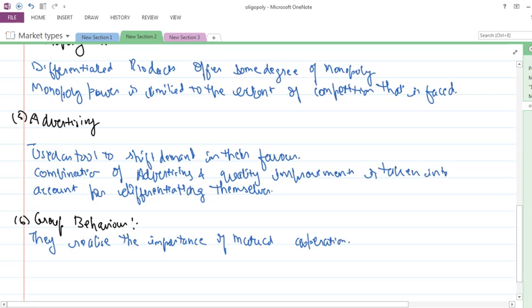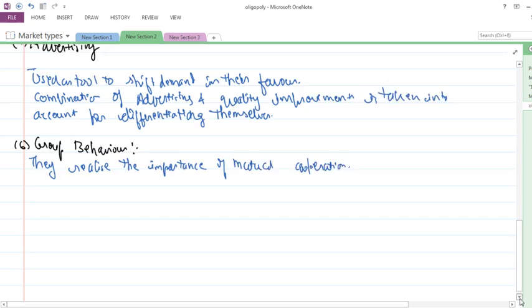With the help of mutual cooperation, there might be a tendency of forming a cartel or a collusion in order to increase the prices in their favor and enjoy the benefits of a monopoly type of situation.